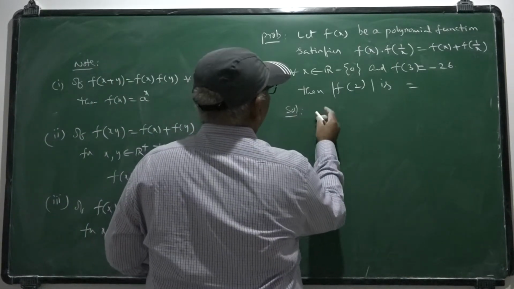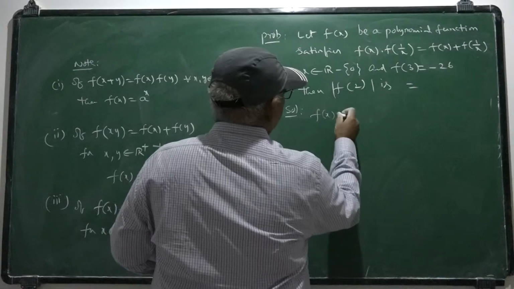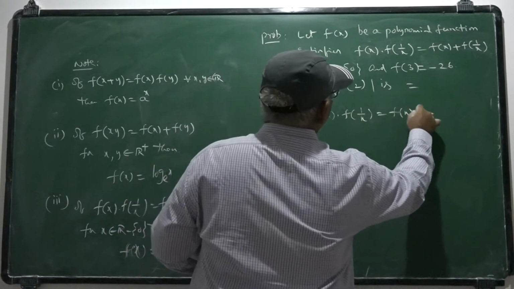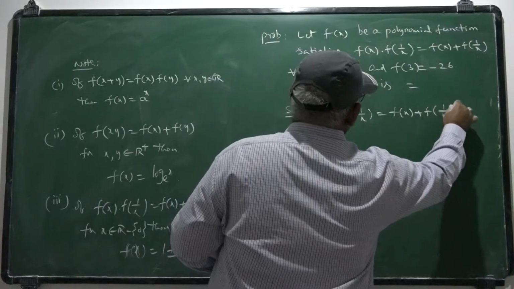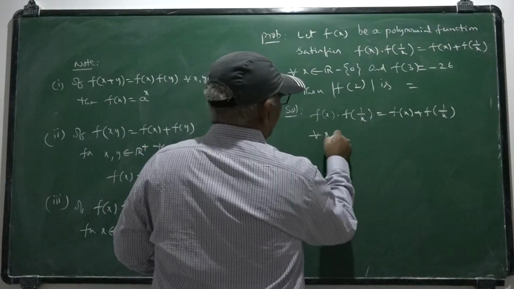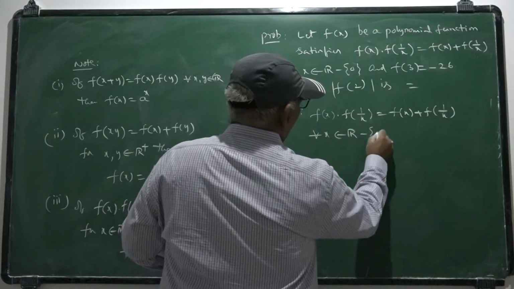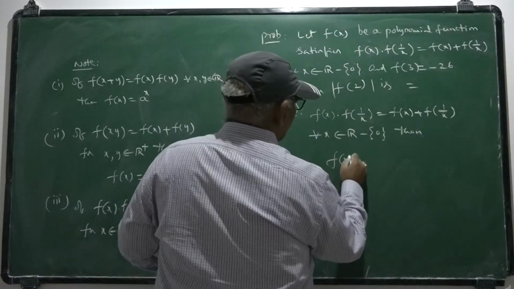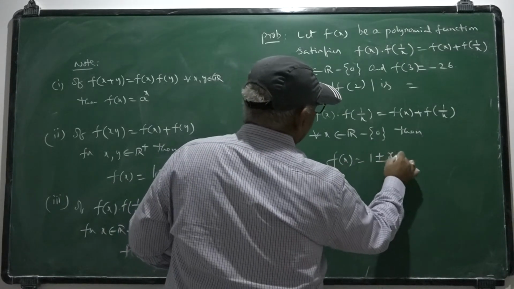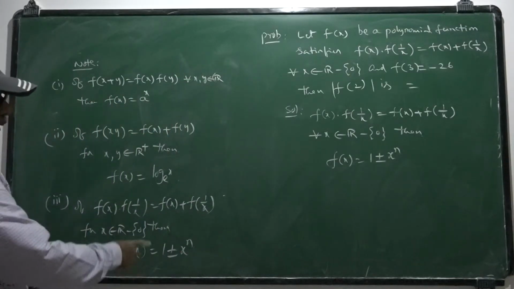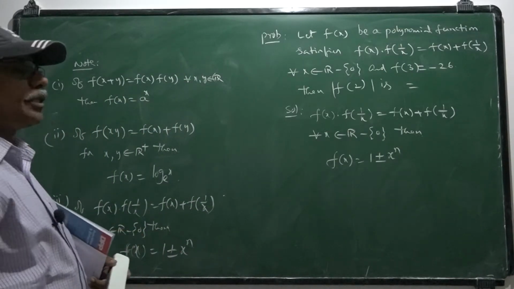So we know that f(x)·f(1/x) = f(x) + f(1/x) for all x belonging to the non-zero reals, then f(x) equals 1 plus or minus x power n itself.